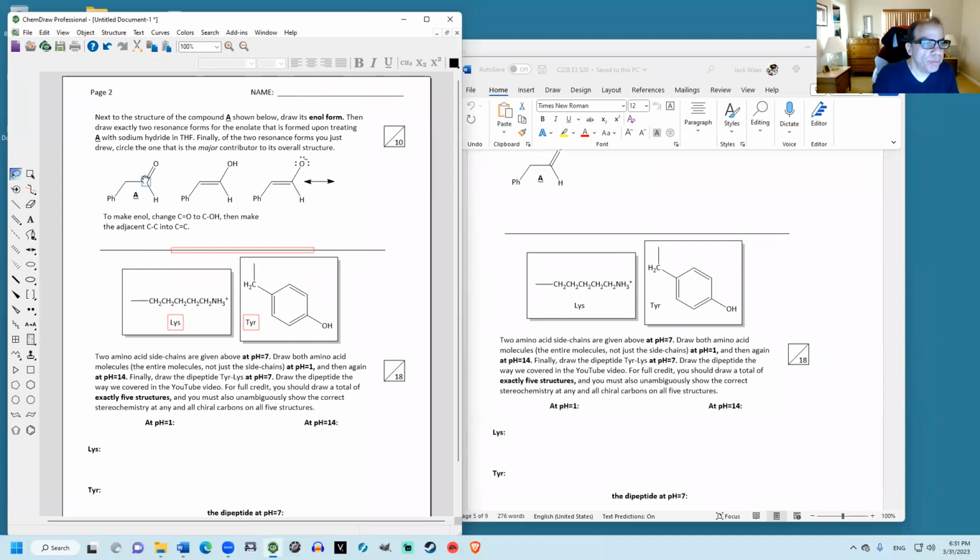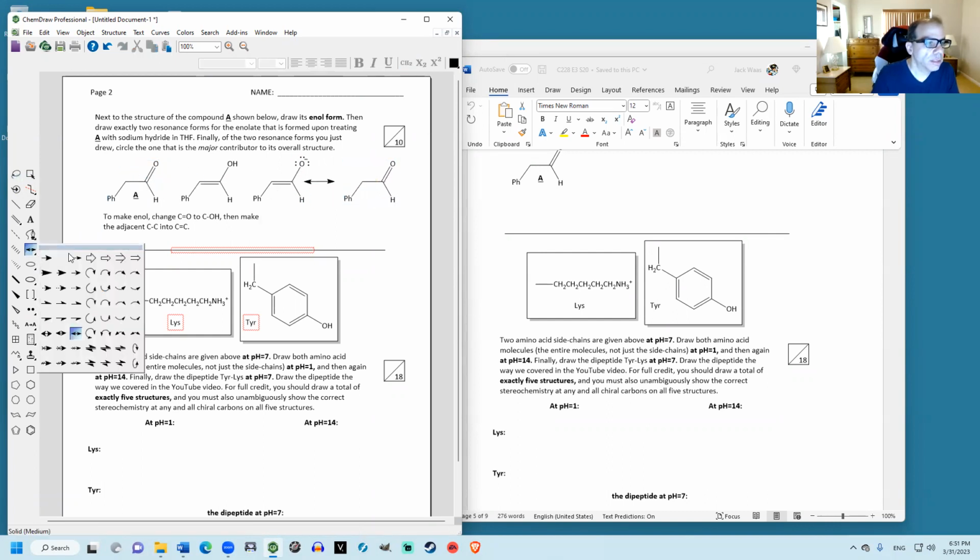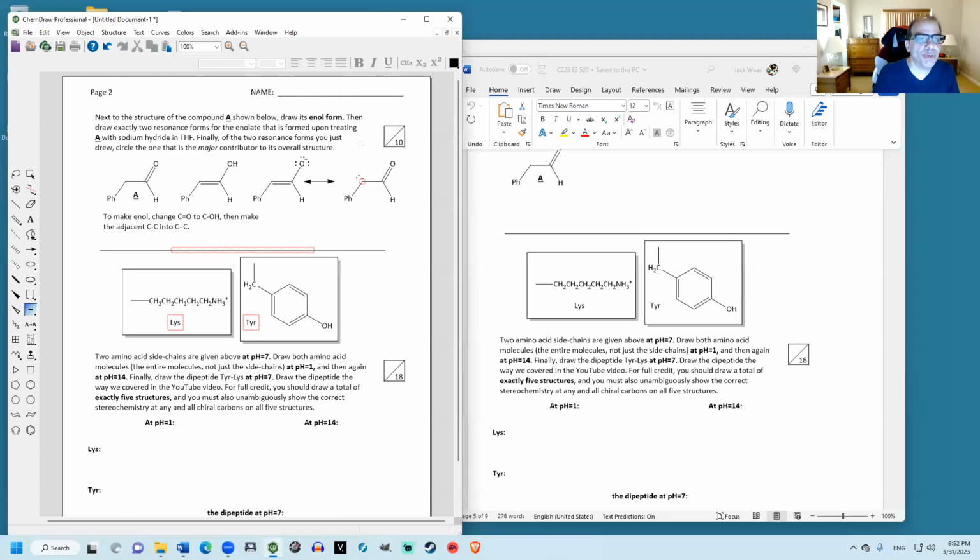The other resonance form has the minus charge on carbon. I don't know why the program objects when I put the minus in, and now you can't see it because of the red circle. But that carbon should have a lone pair and a minus charge. So those are the two resonance forms of the enolate.